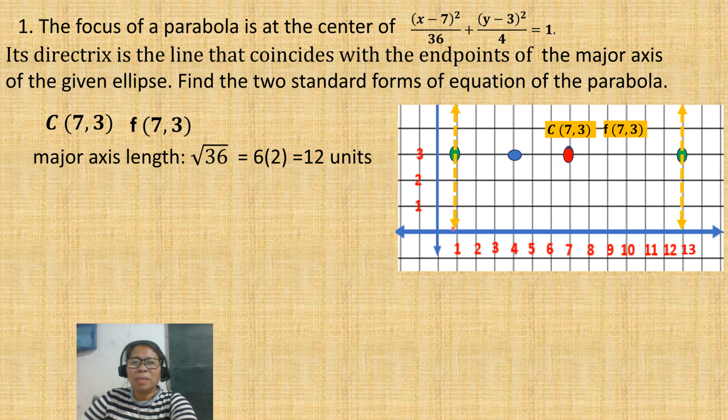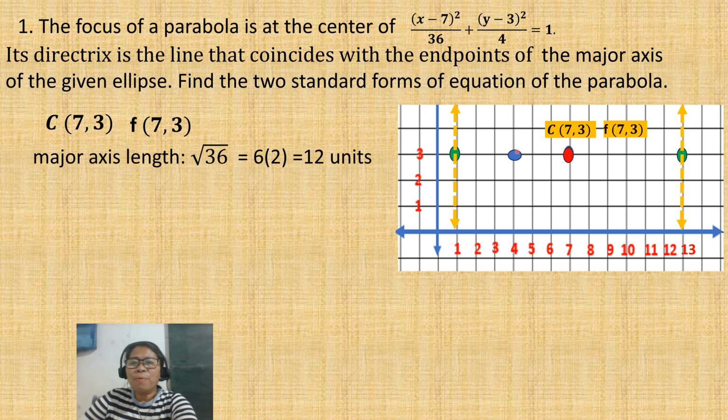This is the directrix and this is the focus. So if we count from the focus to the directrix, we have 1, 2, 3, 4, 5, 6. So remember that the vertex is in the middle.